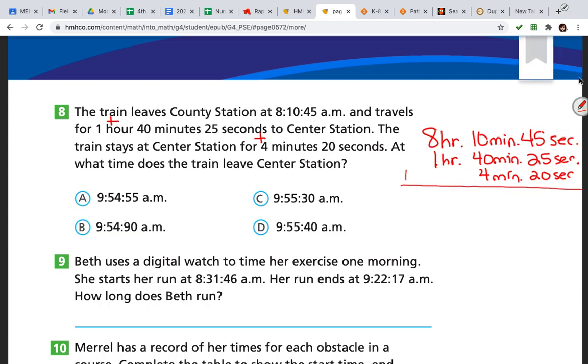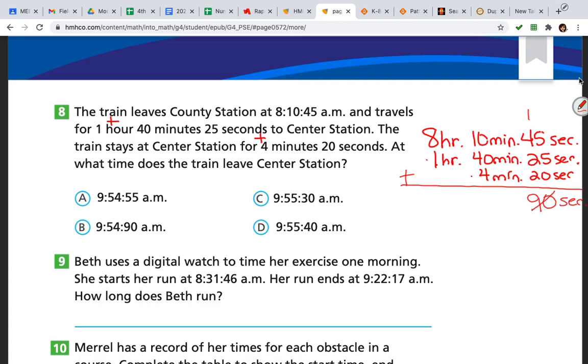So we're going to add, so this is the time they left, how much time they traveled, and how much time they stayed at the station. So I can look at the seconds and convert that. So 5 plus 5 is 10, carry the 1. 4 plus 1 is 5, plus 2 is 5, 6, 7, 8, 9. 90 seconds. We're going to have to convert that.